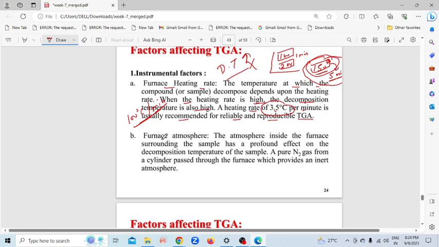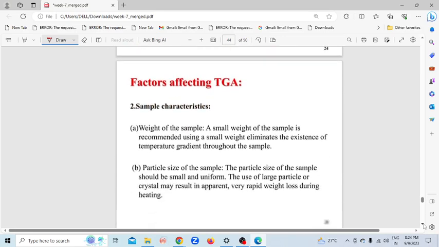Second is furnace atmosphere. The atmosphere inside the furnace surrounding the sample has a profound effect on the decomposition temperature of the sample. A pure nitrogen gas from a cylinder passes through the furnace, which provides an inert atmosphere. As I already explained, if your sample is active toward oxygen, if it can react or oxidize with oxygen, then you need to use an inert gas atmosphere.